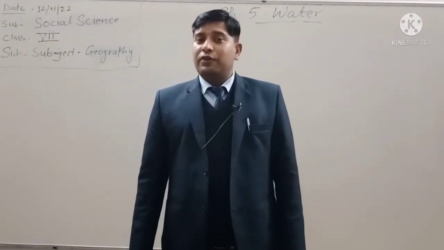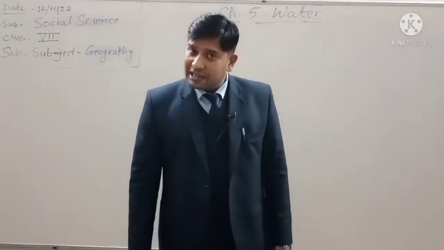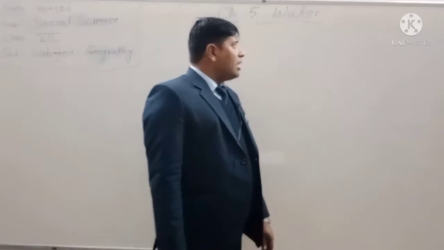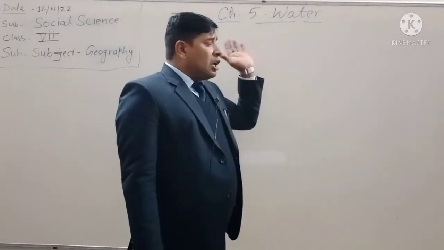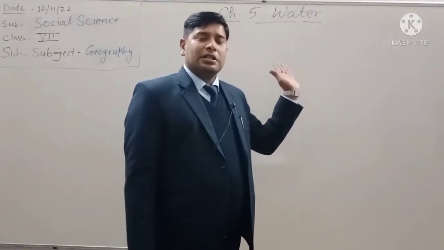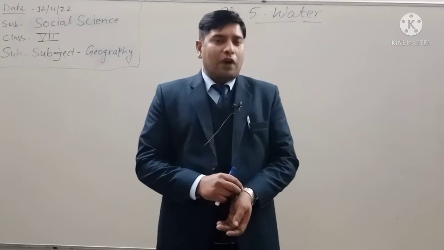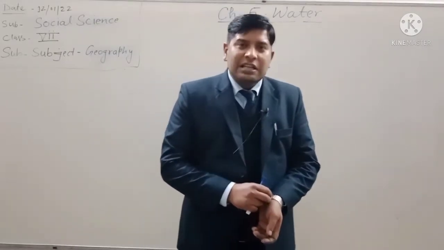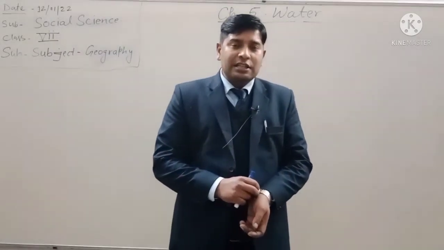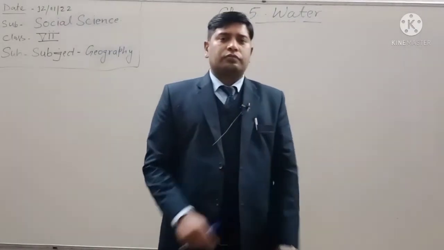Students, without wasting time, let me start our session right now. In this chapter we are going to discuss three basic topics. First is the water cycle, second is the distribution of water bodies, and third is ocean circulation.